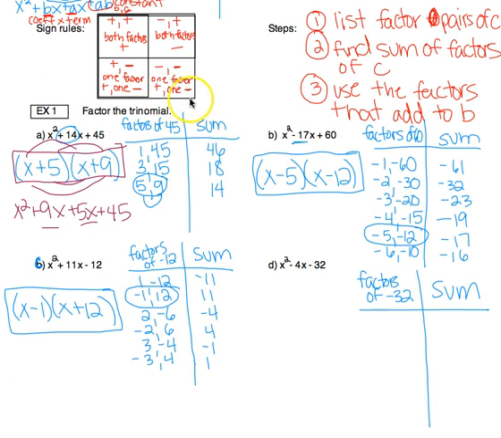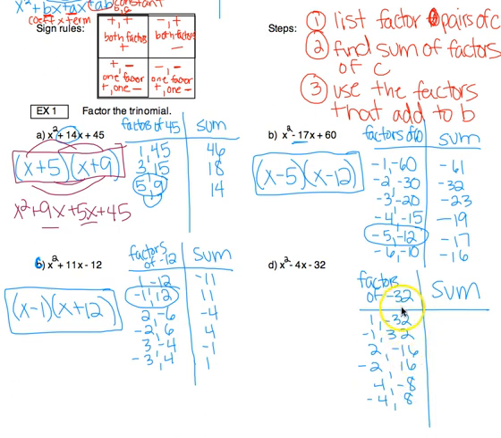So that's one positive, one negative, just like what we did in C. So I have 1 with negative 32, negative 1 positive 32. I have 2 with negative 16, negative 2 positive 16. 32 is not divisible by 3. It is divisible by 4, so it's 4 and negative 8, negative 4, positive 8.